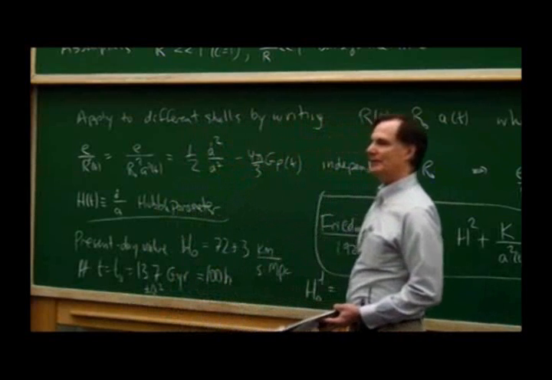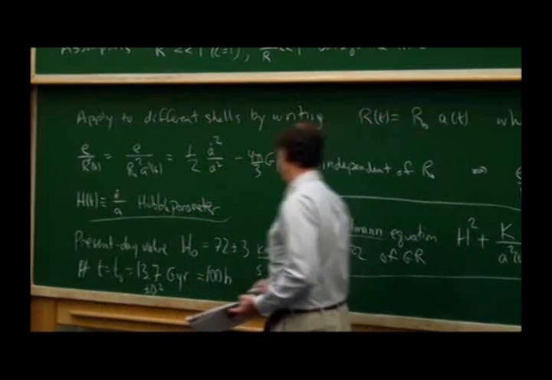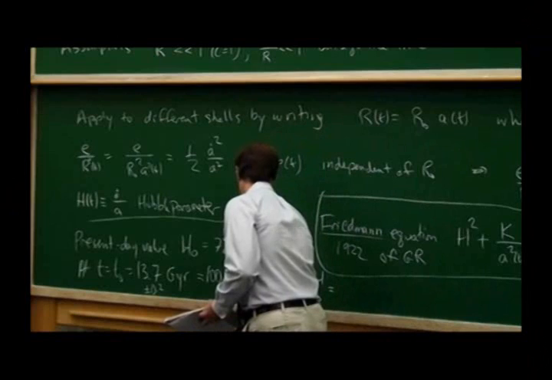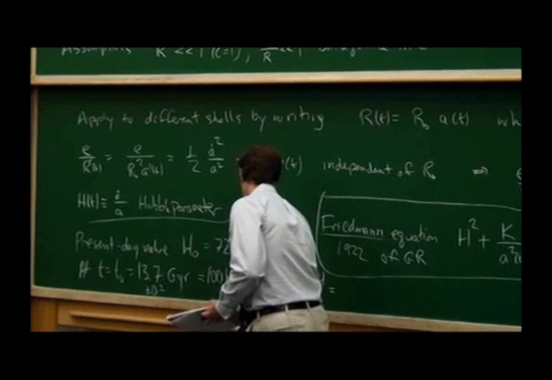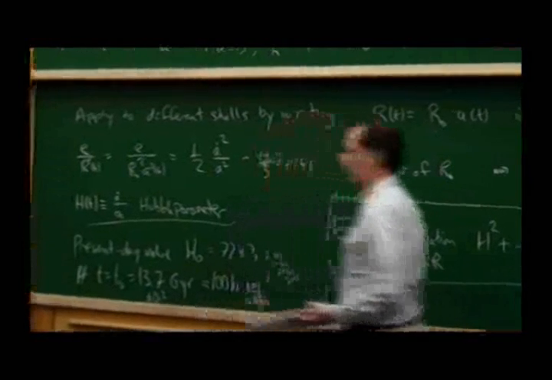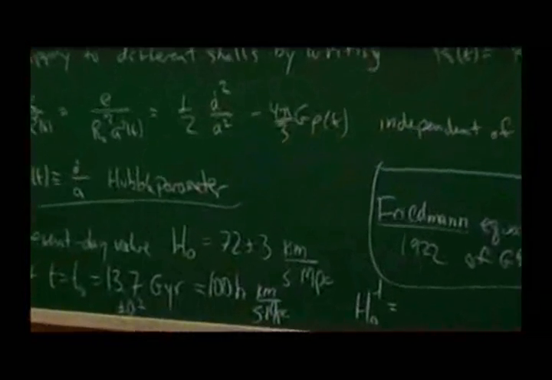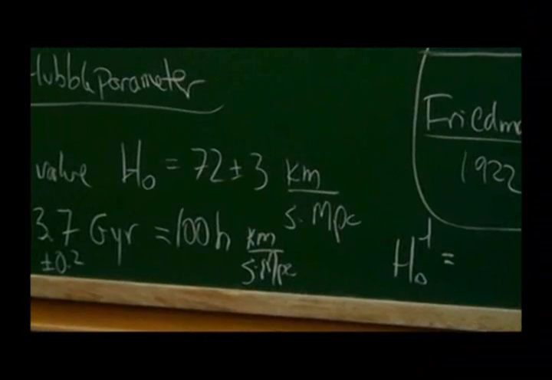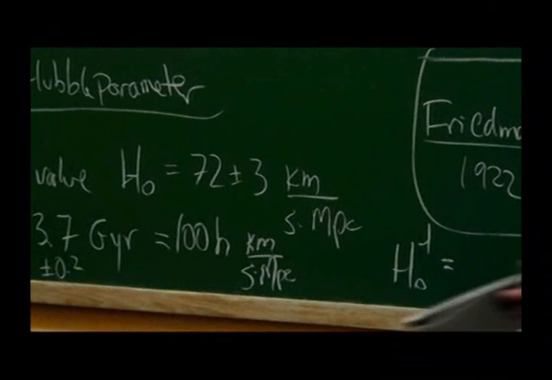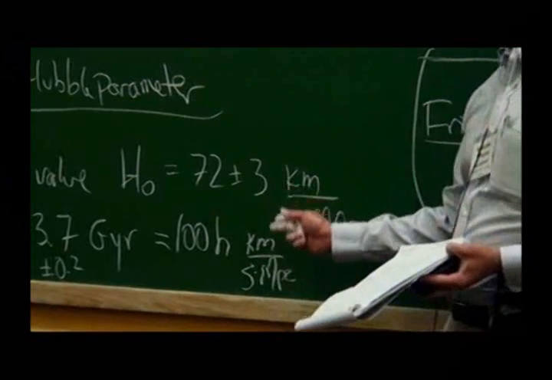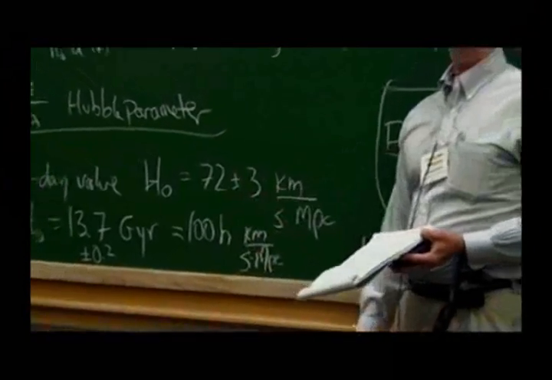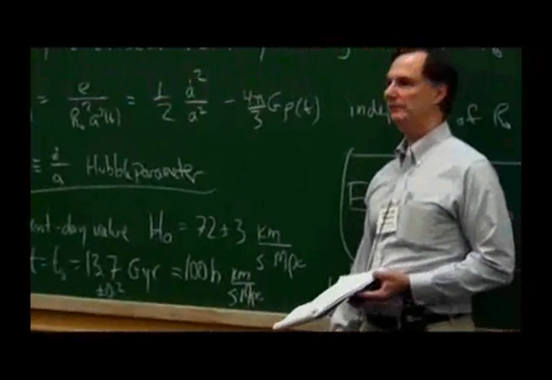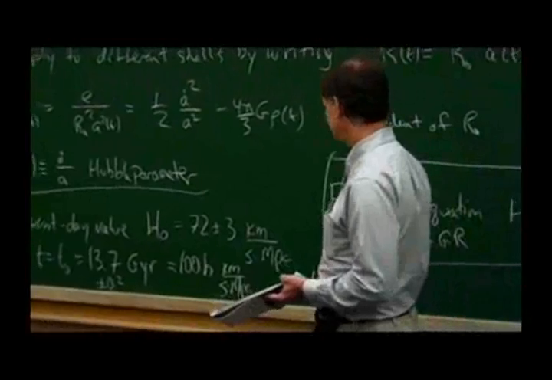that historically in astronomy has been written as 100 times h, little h, kilometers per second per megaparsec. And that little h is really the parameter, the fudge factor, which for a good many years was uncertain by 10, 20, 50, even 100%. And only in the last decade or so has become accurate to about 5% or maybe a little bit better.